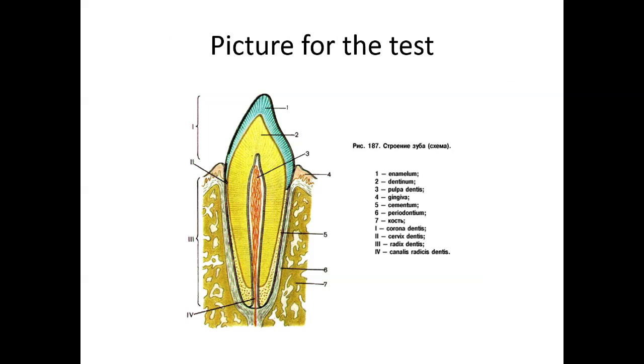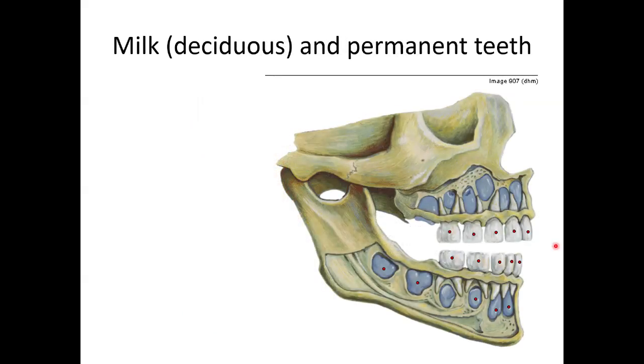And several illustrations of so-named milk or deciduous and permanent teeth show the bones of the child.